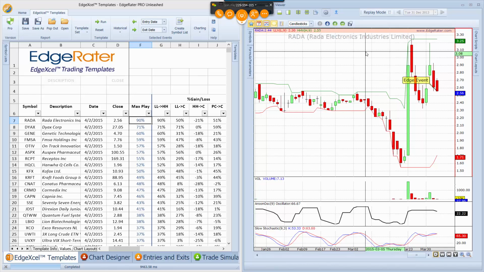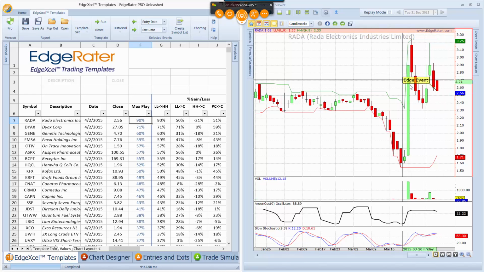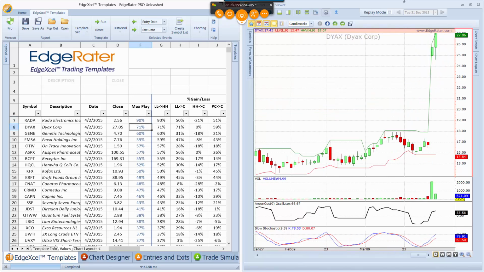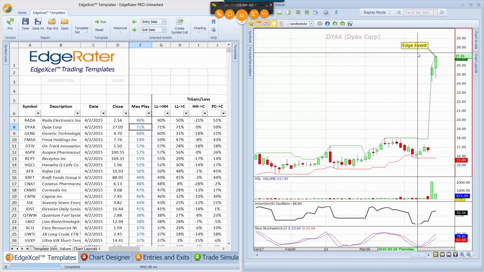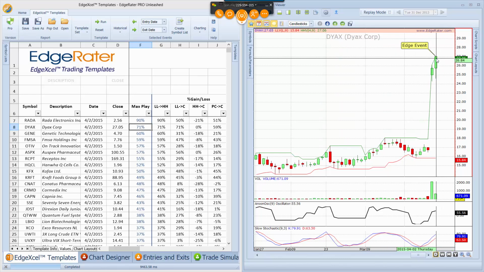Also, I should mention that whenever you're browsing through results, you will have this yellow annotation which is pointing to the bar or the date that the report refers to. So notice in the report there is a date column, and the date is April 2nd, 2015. So I know that the report has been run on stocks for that date, and so now as I browse through my list, the annotation is always going to be pointing at that date.